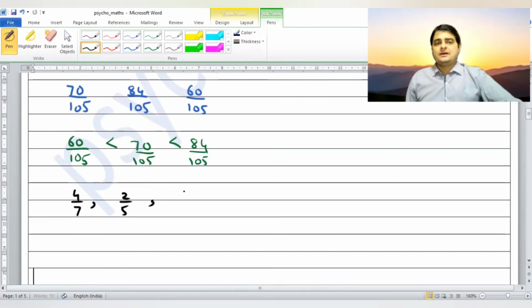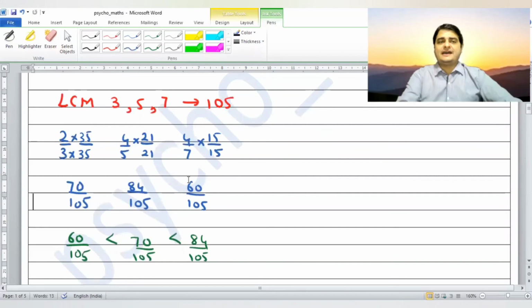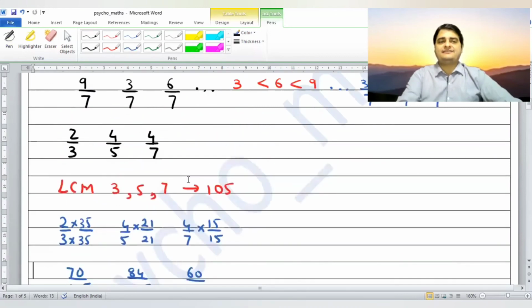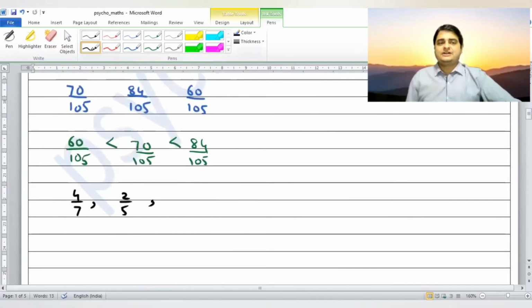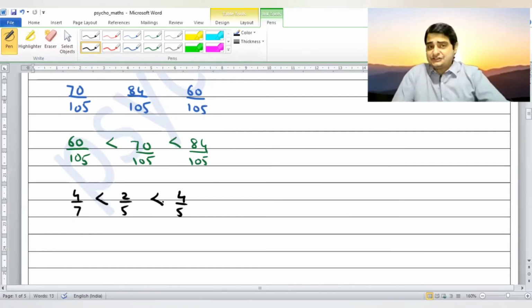And the next, 84 by 105 comes from the second, that is 4 by 5. So see, 4 by 5 is the third, and yes, we have turned it into the ascending order. So we have done the ascending order of multiple fractions.